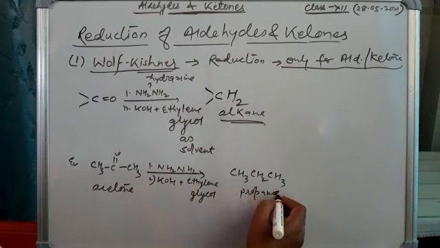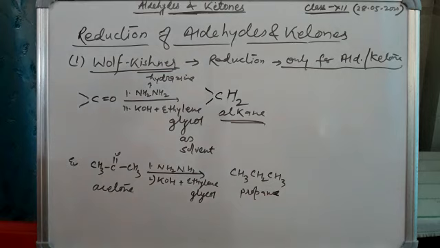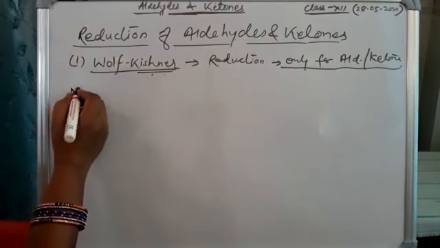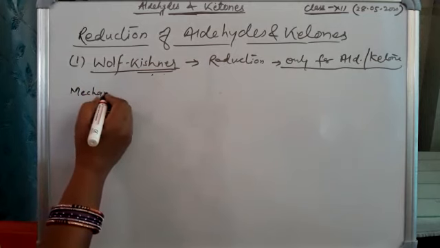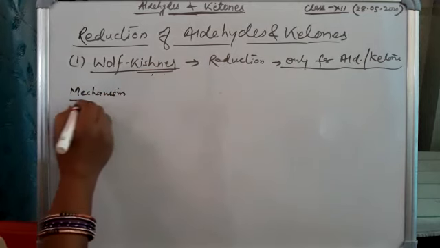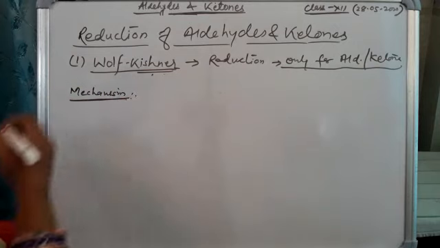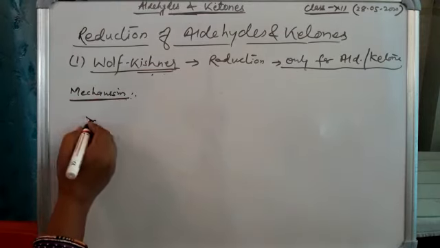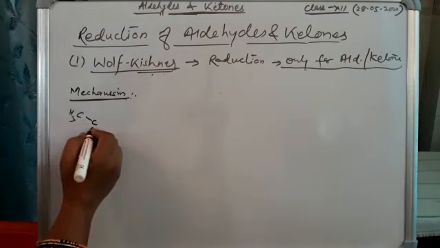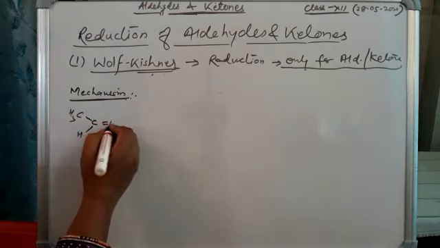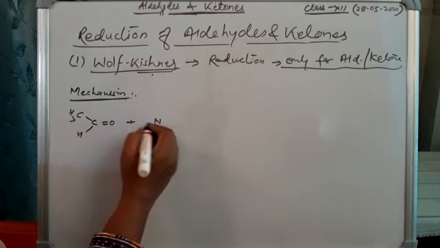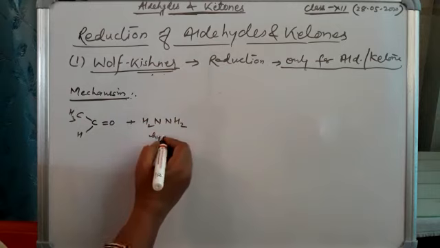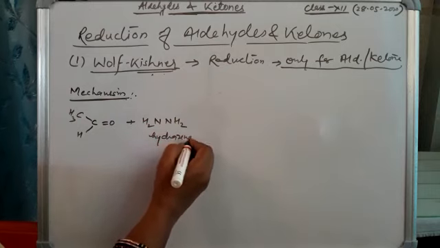What is the mechanism involved in Wolff-Kishner reduction when we convert a carbonyl group to an alkane? At first, the aldehyde is treated with hydrazine.